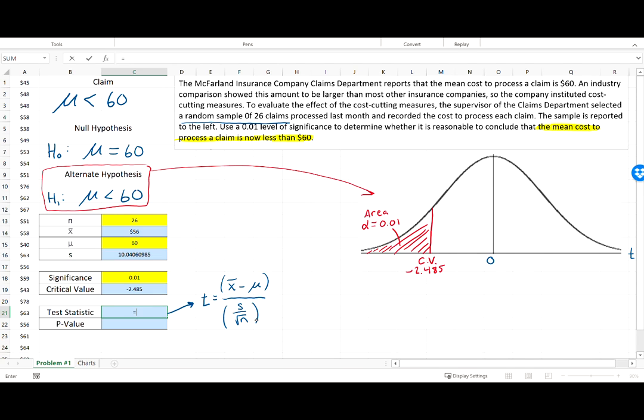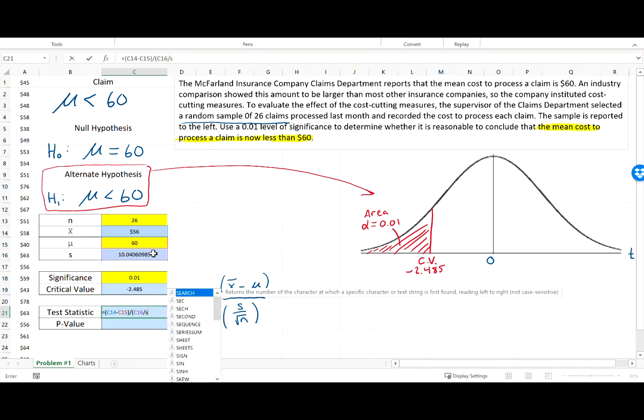Okay, so test statistic equal x bar, which is here, minus mu, which is here in C15, close parentheses, and we'll divide this by, and again I'll put parentheses around the denominator, standard deviation of the sample divided by the square root of n, the square root of the sample size.